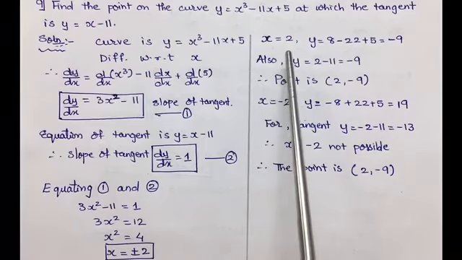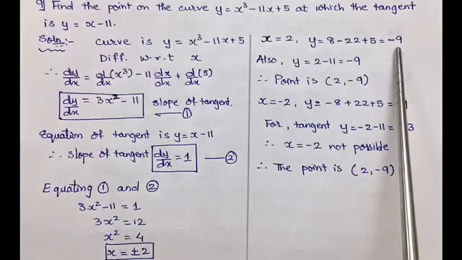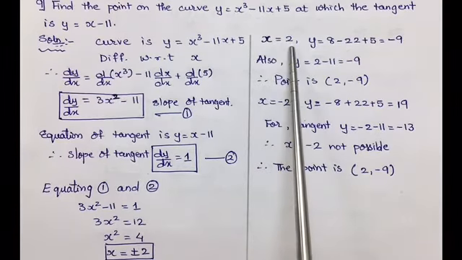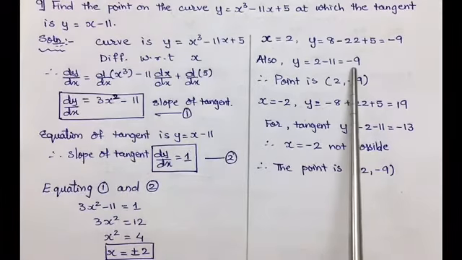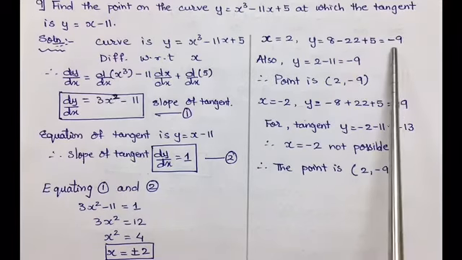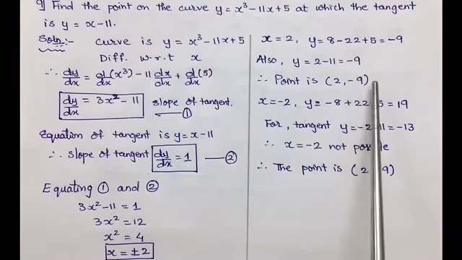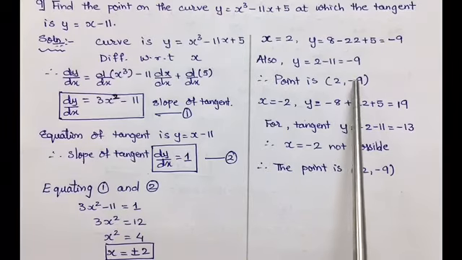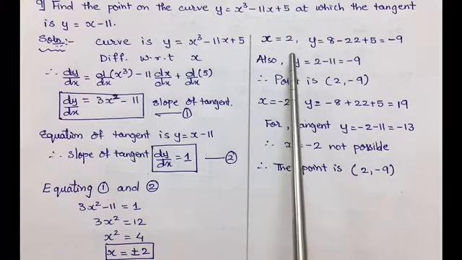Taking x equal to 2, keeping it in the curve equation, we got the value of y as minus 9. Now the same value of x equal to 2, keeping it in the equation of tangent, we got it to be minus 9. So in both curve and tangent, if the value of y is the same, that is minus 9 and minus 9, that means the point is correct. So the point is (2, minus 9). That is the first point, by taking x equal to 2.